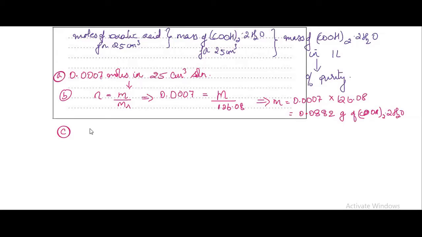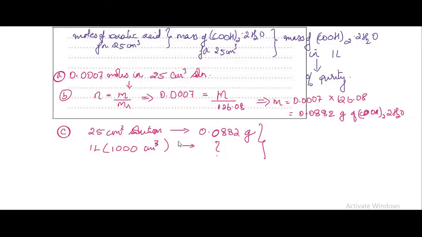So 25 centimeter cube solution contains 0.0882 grams. So 1 liter, which is nothing but 1000 centimeter cube of the solution, contains how much? So 25 times question mark is equal to 1000 times 0.0882.